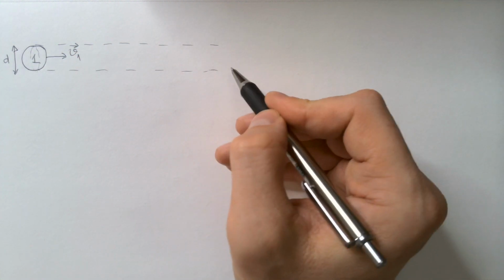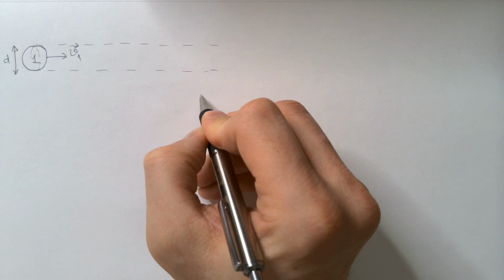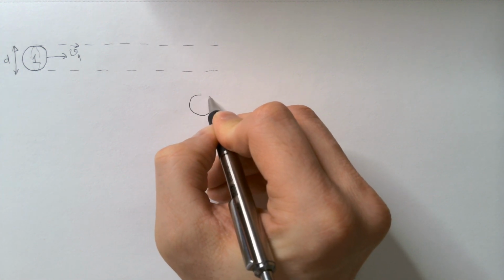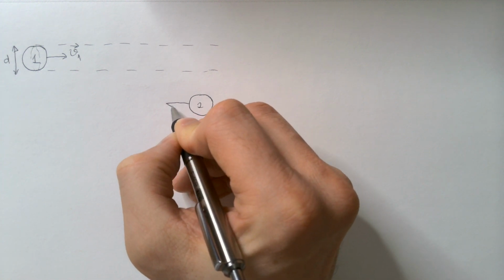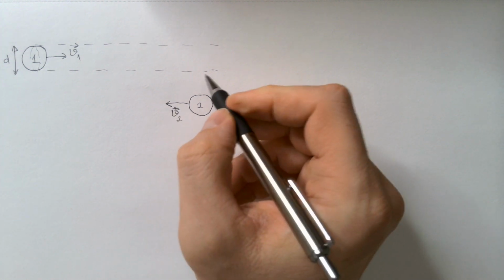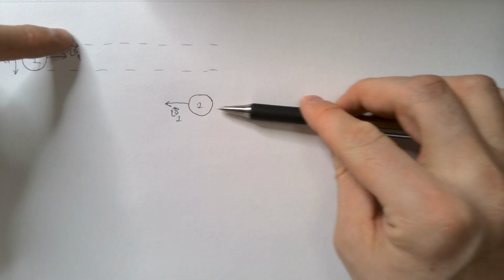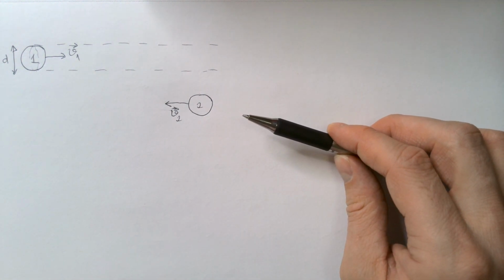Now if we have, let's assume, some atom 2 that is standing still, or even better moving with some velocity v2, clearly these two will pass next to each other and there will be no collision.